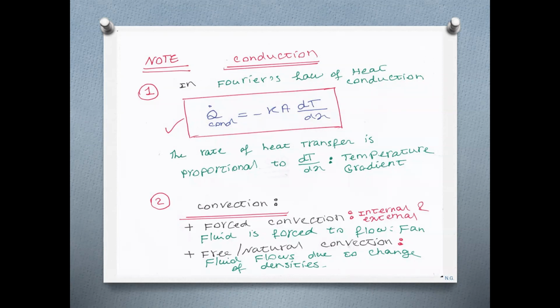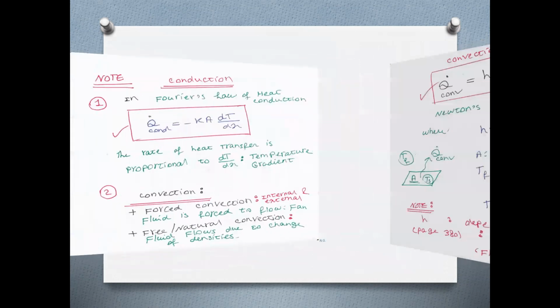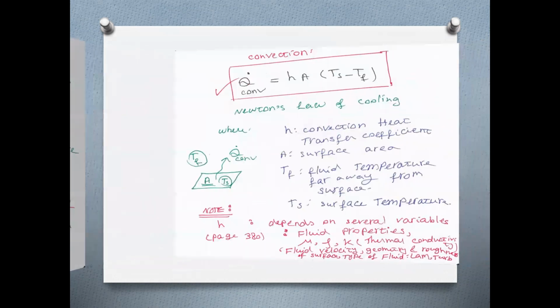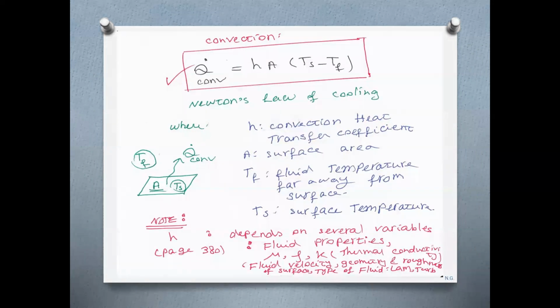As an example for external convection, there is a fluid like wind passing a surface, passing a plate. So that is an example for external forced convection.